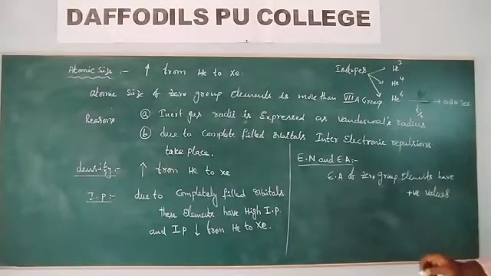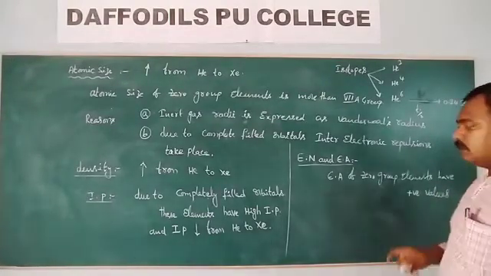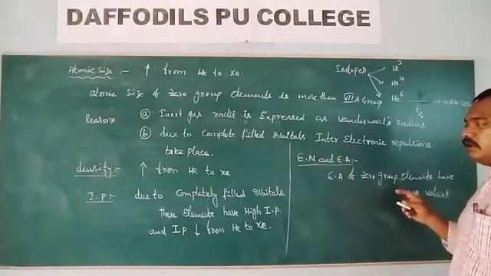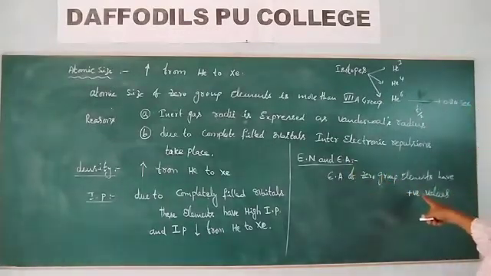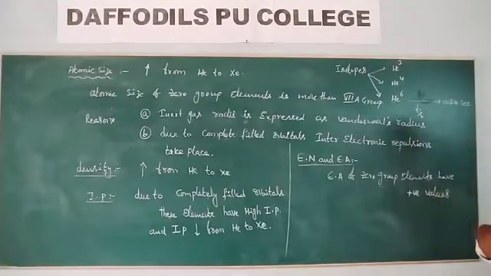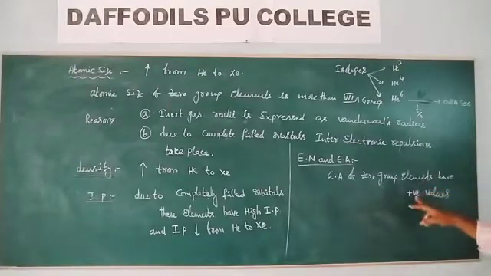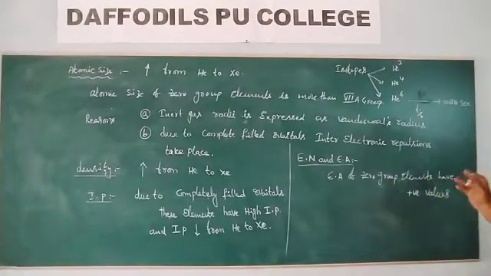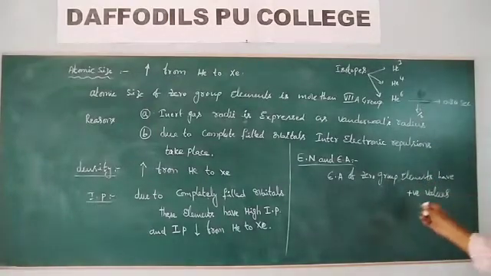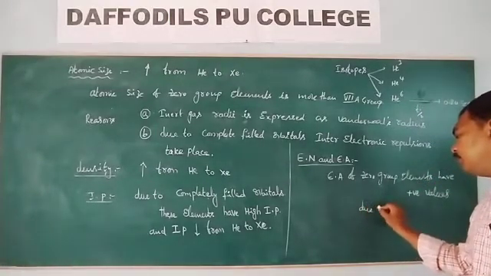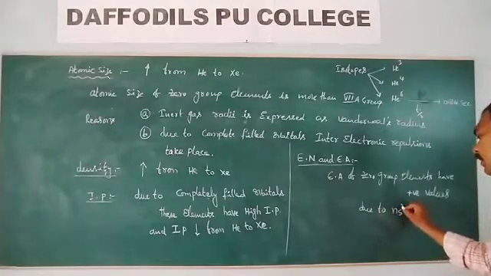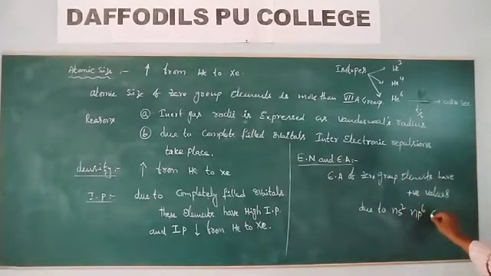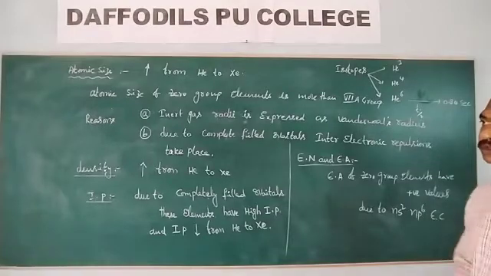Generally electron affinity is an exothermic process, but the electron affinity for zero group elements is an endothermic process. So I am writing like this: positive values due to completely filled orbitals, ns2 np6 electronic configurations.